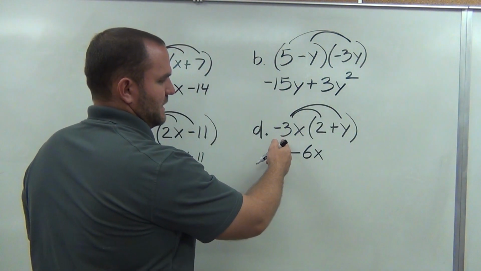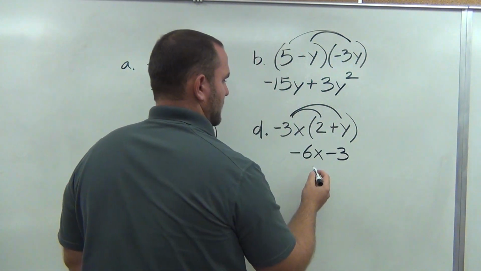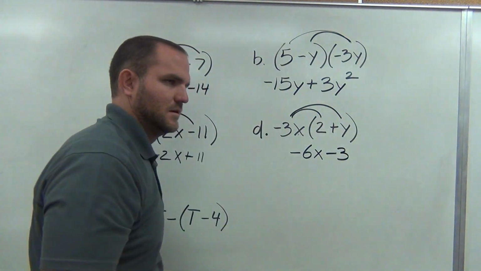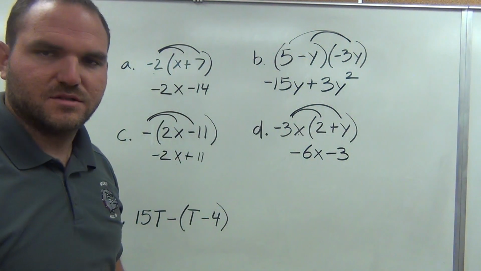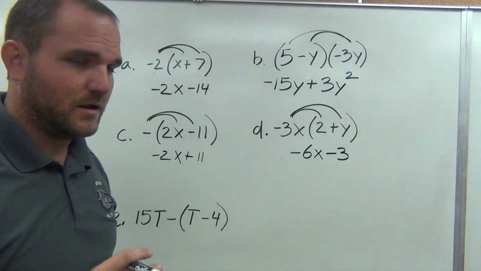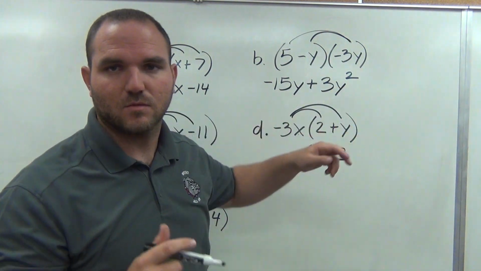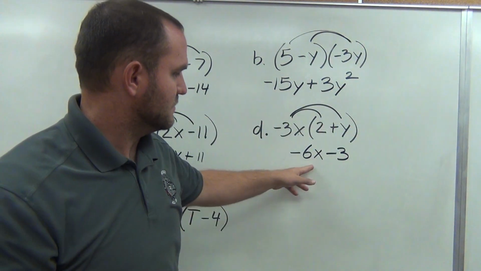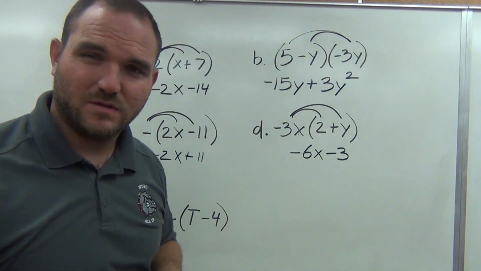So now I have -3. There's no number here, so I'm going to stick with the -3. And now I have an x and a y. You can still put those together. x and y are just variables. They are not like what we did with the y squared because those were both the same. This one is different. This one's x, this one's y, and so it's really easy.